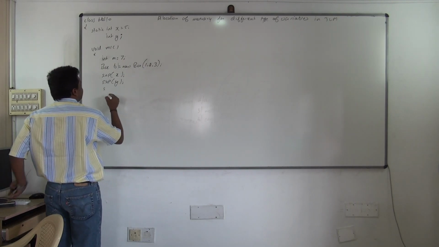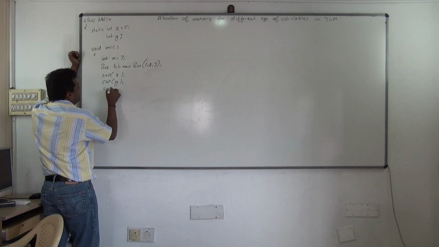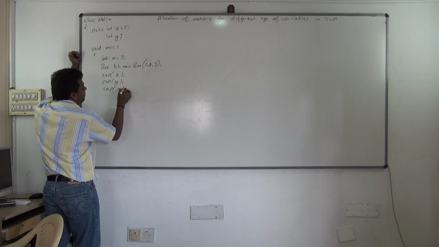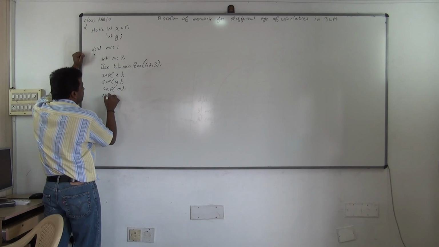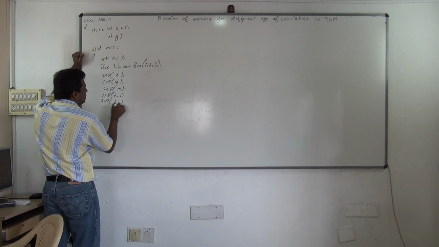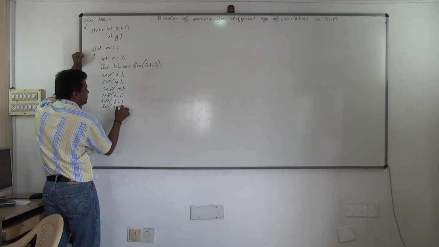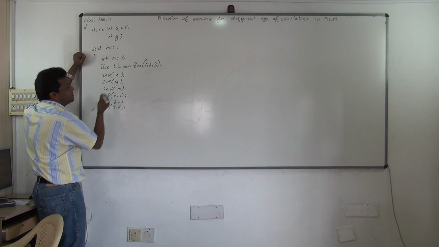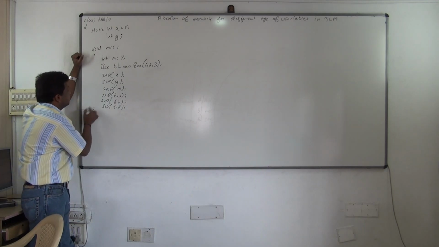I'll create an object like this. Then SOP m, I can print SOP b.w, b.h, b.d, all this. So I'm working with all the type of variables here. Yes or no?